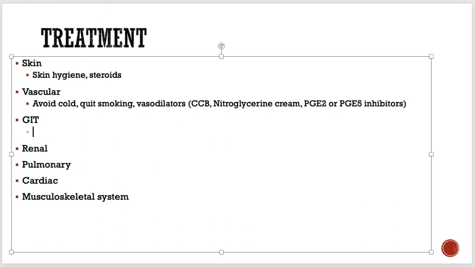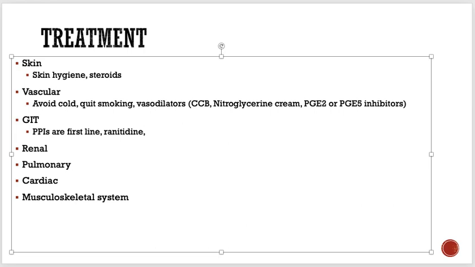Now in GIT, if you know how we manage GERD, gastroesophageal reflux disease, PPIs are the first line. Okay, like omeprazole and all this, or you can put them on ranitidine, famotidine, all these drugs. And of course, their GIT motility is reduced all over, in the esophagus, the small intestine, and the large intestine.